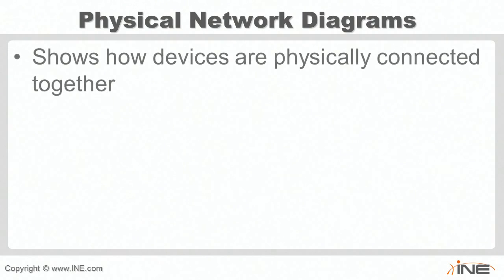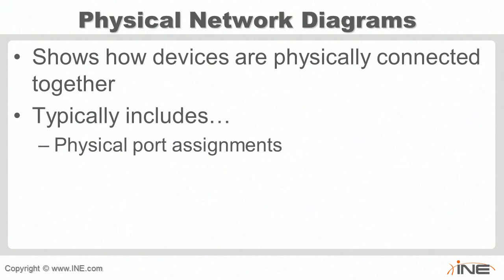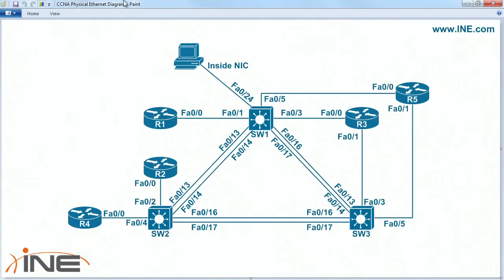Again, the physical one mainly shows how the devices are plugged in, how they are cabled together. From here you would want to know the names of the ports that connect the routers. I have an example of the topology that we're going to use this week, which shows the 3 switches, the 5 routers, and this test PC.